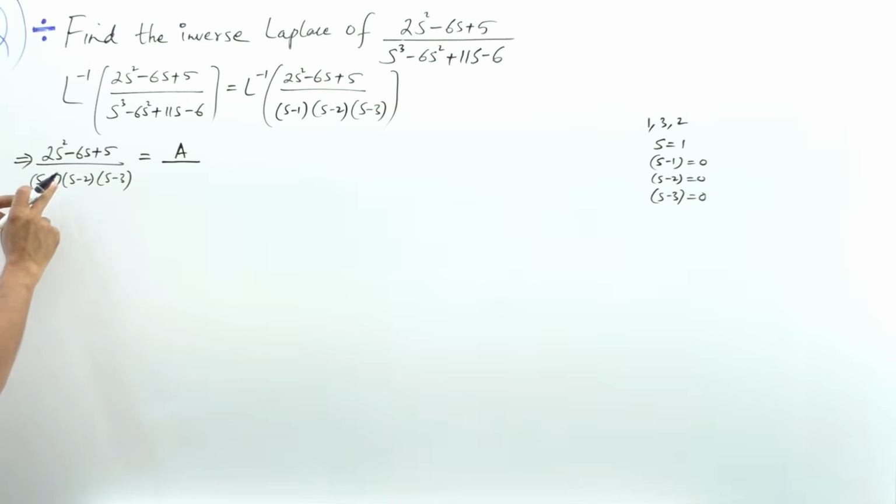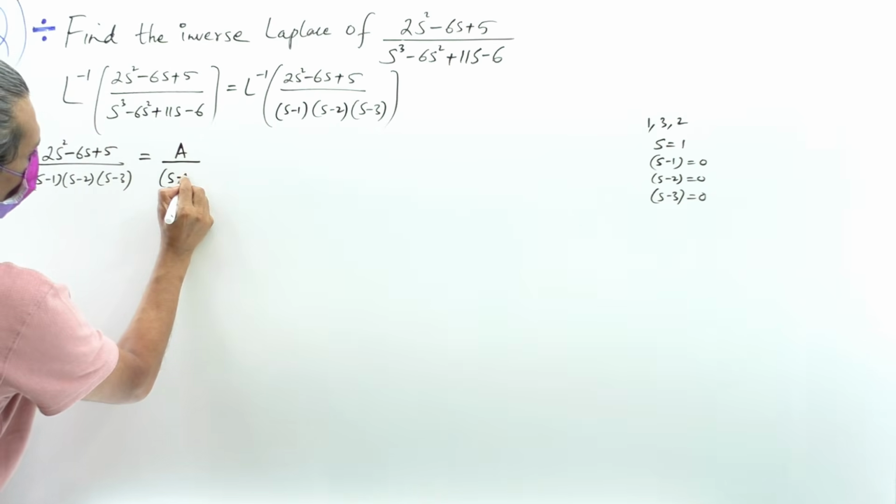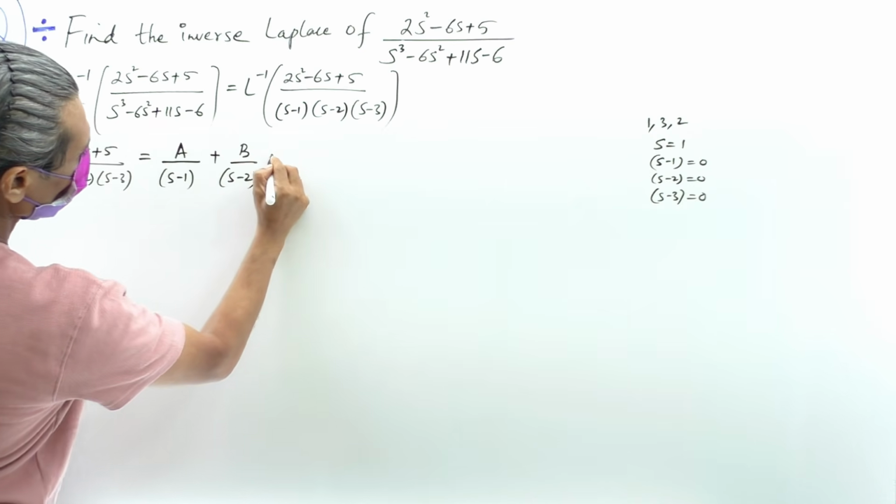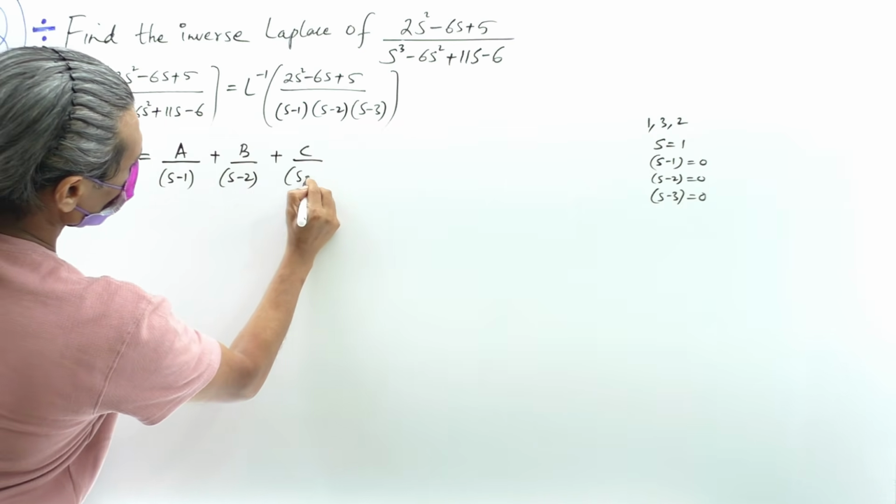Okay, A upon s minus 1 plus B upon s minus 2 plus C over s minus 3.